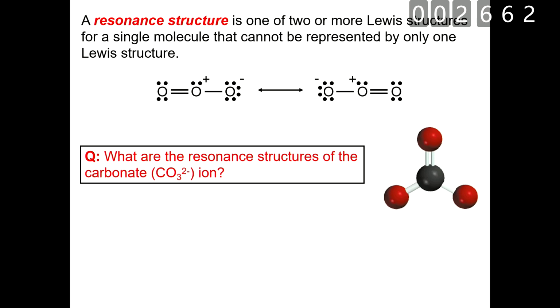For example, name the oxygens A, B, C. In one case the double bond is between A and B, but in the other case it is between B and C. So we can use these two structures to show O3. These two structures are called resonance structures.